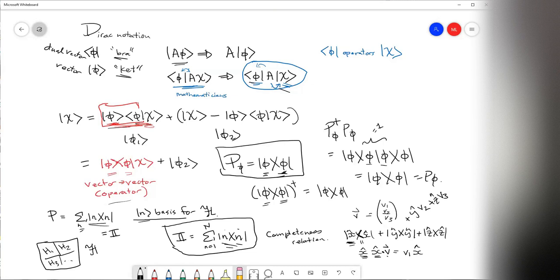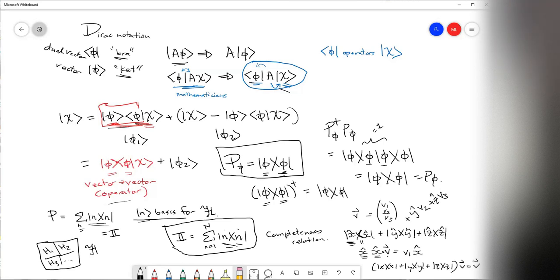So in the end, when you take this operation of x plus y plus z, and you act with it on any vector, you just get back out the vector itself, right?